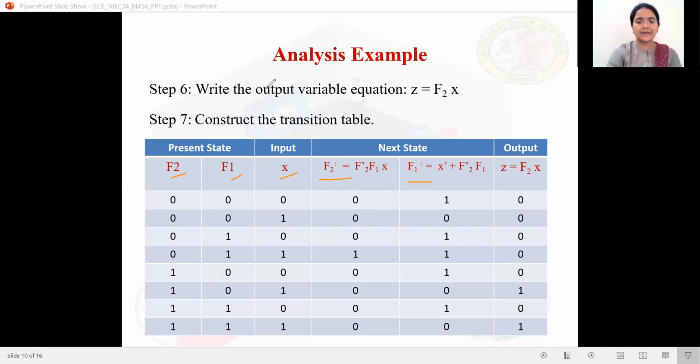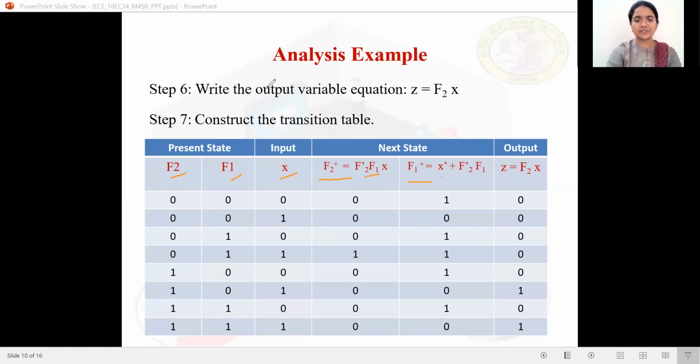Here we have to write the present state values, the input, and the next state we have to find out by substituting the values of f2, f1, and x in the equations. Here we are having f2 bar, f1, x.